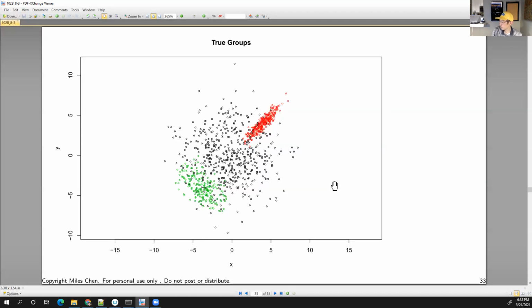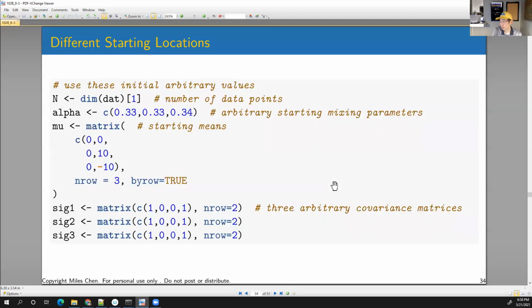The EM algorithm is sensitive to the starting locations that you use. So here I'm going to intentionally pick some different starting locations: 0, 0, 0, 10, 0, negative 10.